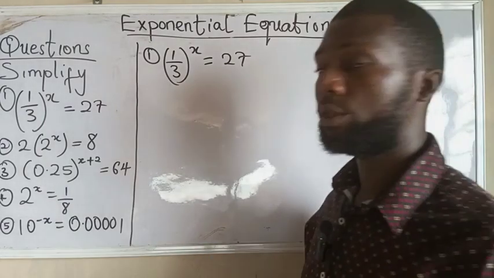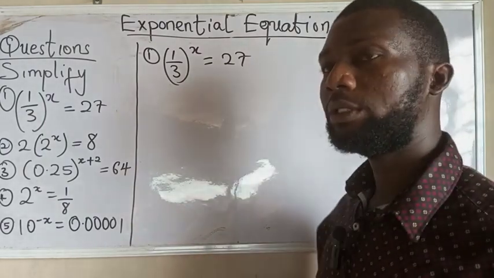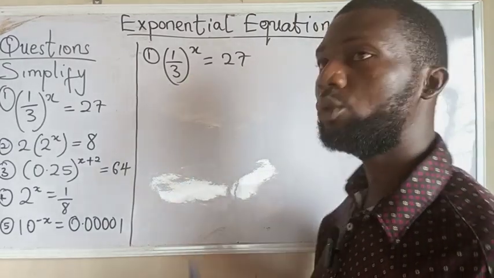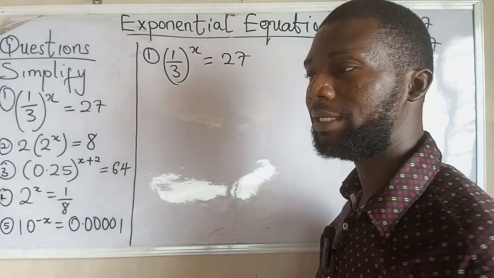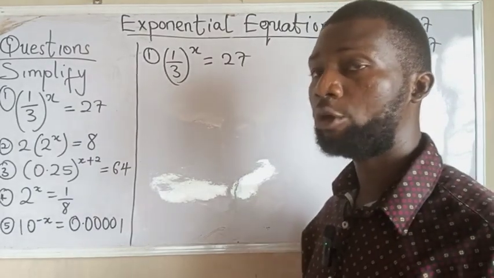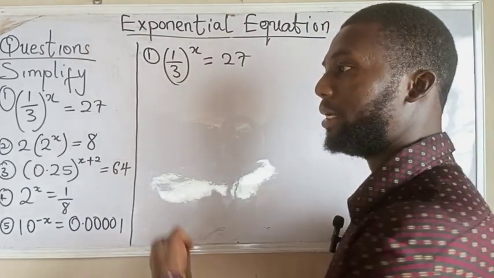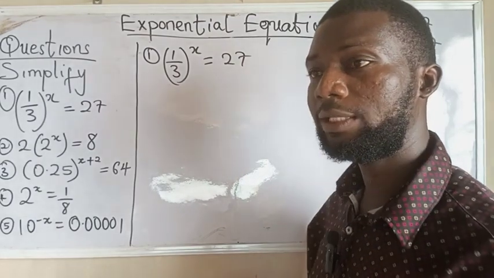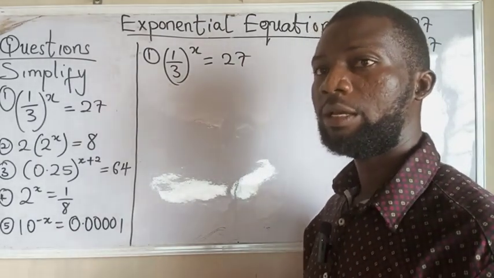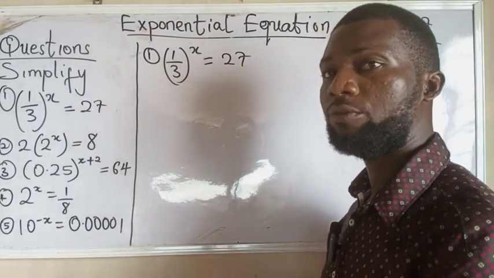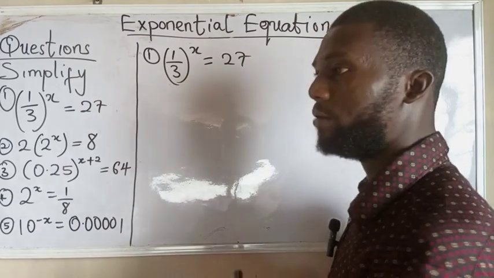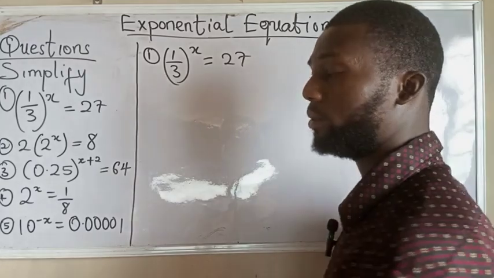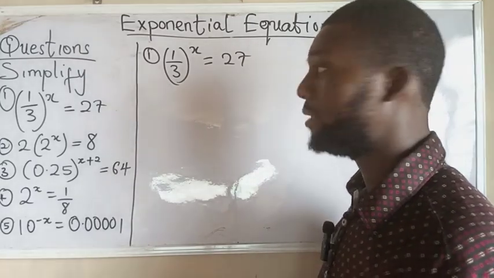And let us note something: the unknown we look for, either x, y or z, always falls on our left hand side. When you are trying to solve questions relating to finding the unknown, it is always on your left hand side.